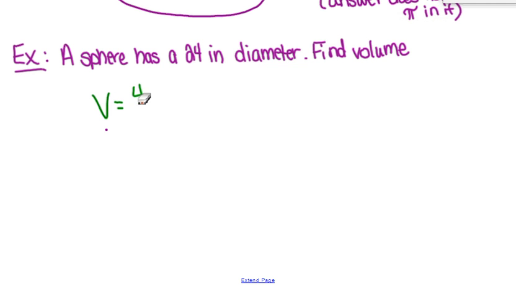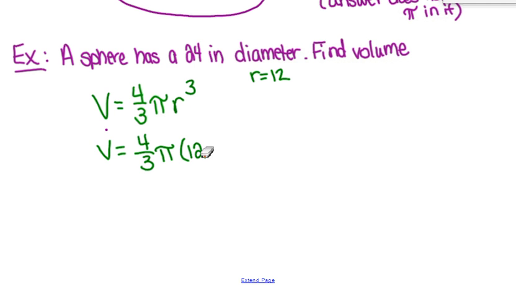Volume is equal to 4/3 times pi times the radius raised to the third power. I'm going to substitute in the radius. If my diameter is 24, that means my radius must be half of that, or 12. So the 4/3 stays the same, the pi stays the same, but the r to the third becomes 12 to the third.